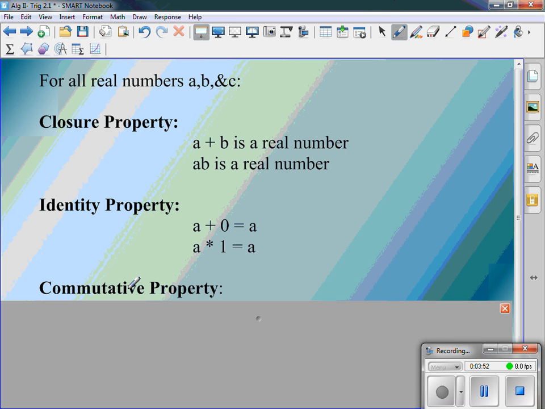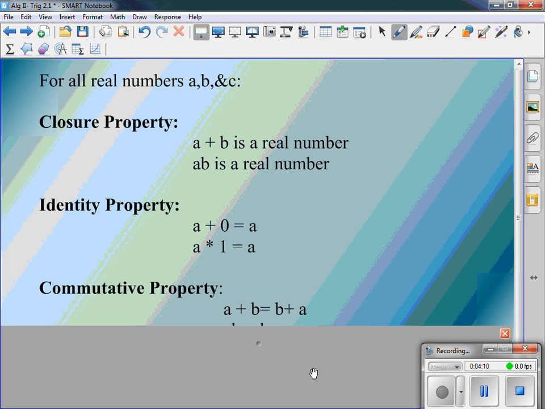What does the commutative property sound like? Community. What do you know about a community? It's where you live. If we think of it this way, A plus B equals B plus A. What's the only thing I've done? Switched it around.